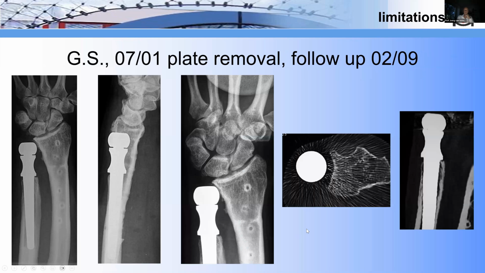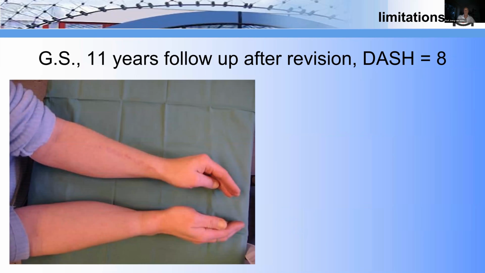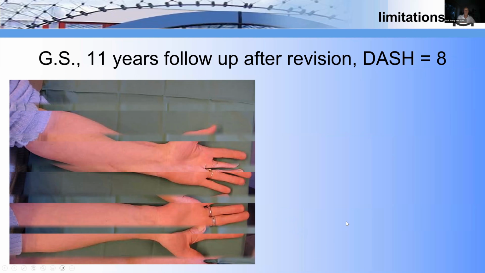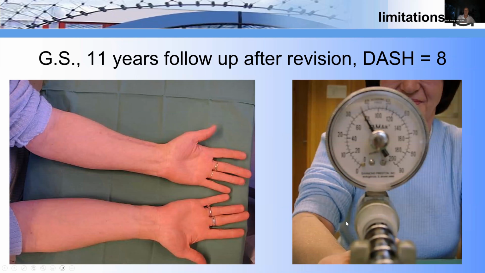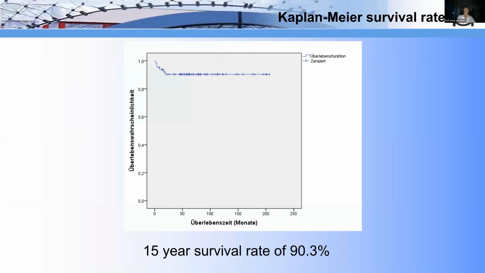And these are the X-rays following the plate removal, and you can see the stable situation of the distal radio-ulnar joint after we have restored the normal alignment of the forearm bones against each other. These are the clinical results with an almost full forearm rotation and a good grip strength compared to the opposite side.